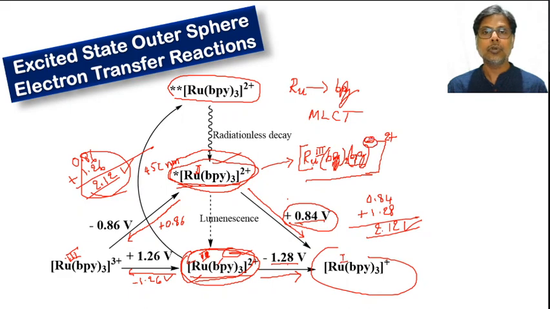There is an electron in the antibonding orbital of one of the bipyridine ligands, which makes this compound a better reducing agent, because an electron from this antibonding orbital can be easily removed, so that can be given to any other oxidizing agent. So therefore the presence of an electron in the antibonding orbital of one of the bipyridine ligands in this complex makes it a better reducing agent.